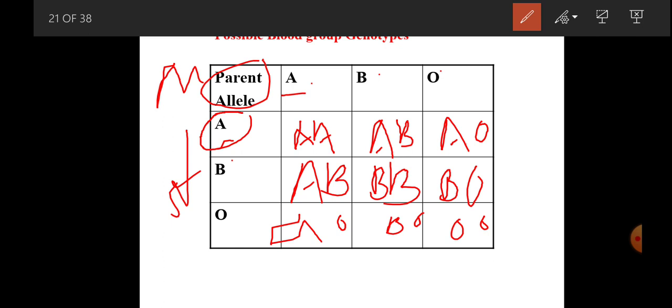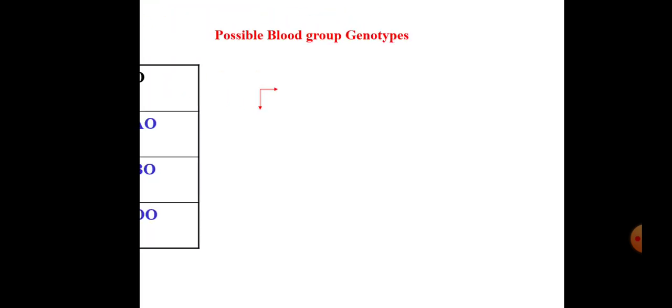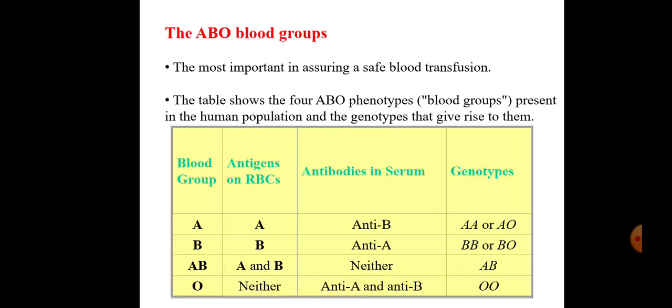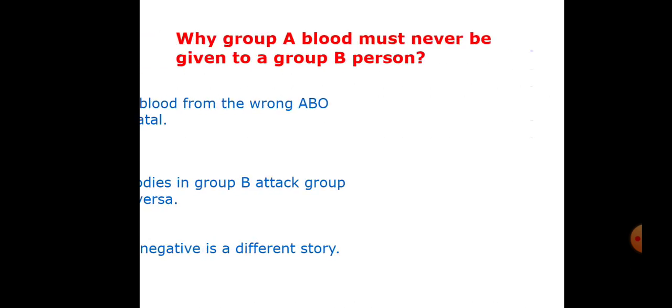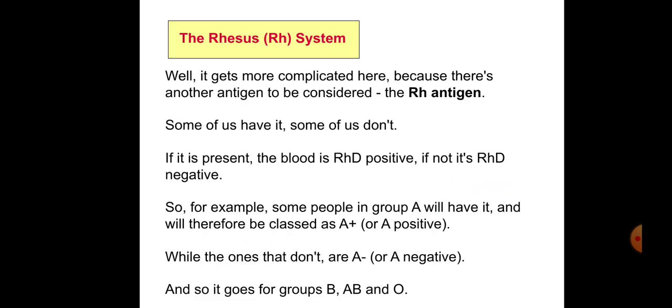The other system has something to do with the rhesus factor, and people normally either have the rhesus factor antigen, or they do not have the rhesus factor.